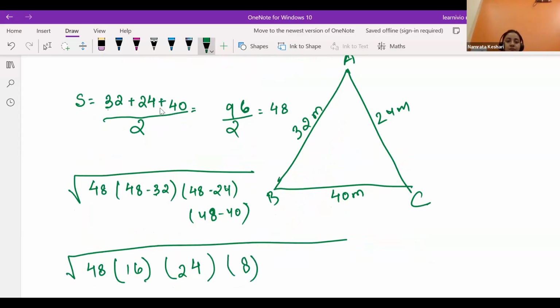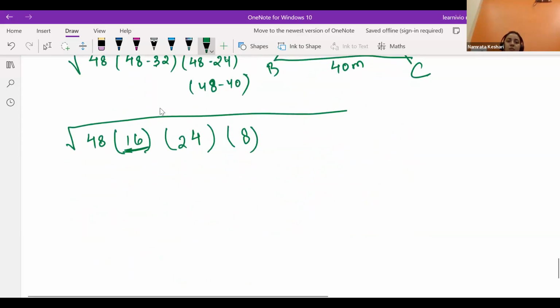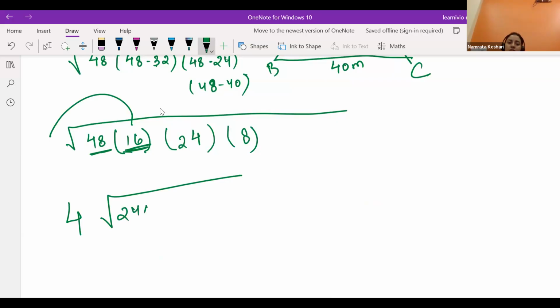Let me check. 16 is a perfect square number. 4 will come. 48 means I think 24 into 2. Okay, you can do it your own way. I'm just doing it this way. Yeah, 48 means 24 into 2.